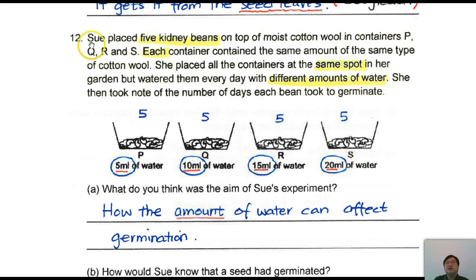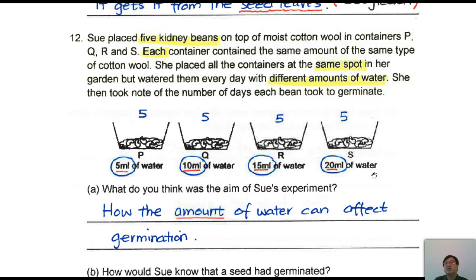Number 12. Sue placed 5 kidney beans on top of moist cotton wool. Moist means with water. In containers P, Q, R, and S, each of them is moist, but the amount of water is different: 5, 10, 15, 20. It means the test will be to see how much water, more or less, is better for growth.